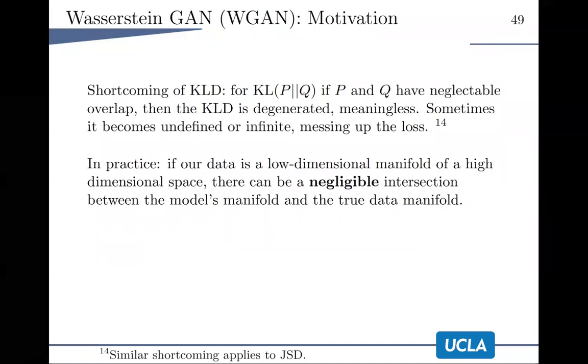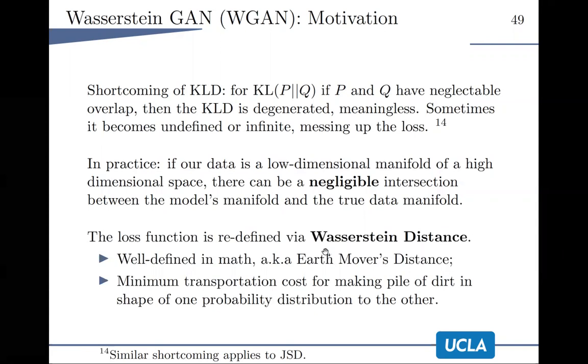And so a fix of that is to redefine the method of measuring the distance, which is called the Wasserstein distance. This is a well-defined distance in math, also known as Earth mover's distance.